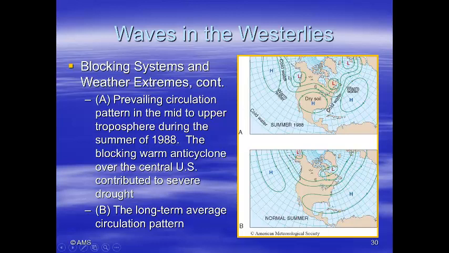So once again, here we have the westerlies, and we cut off with these blocking pressure systems, and what we end up with are droughts in Middle America in the summer of 1988. B shows the long-term average circulation pattern, what it should look like.